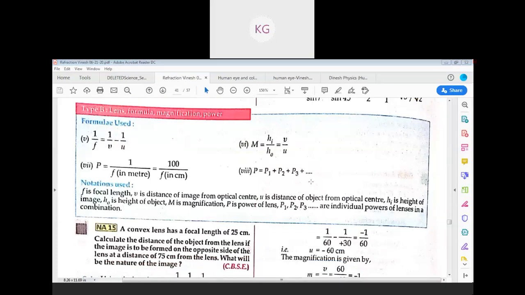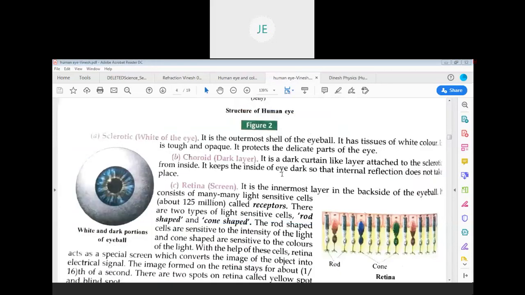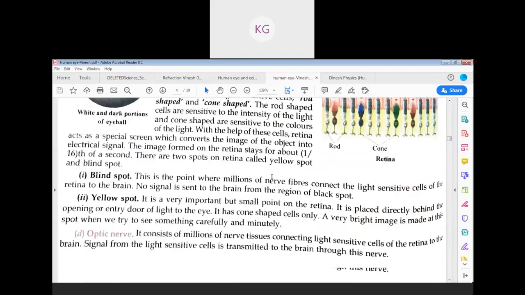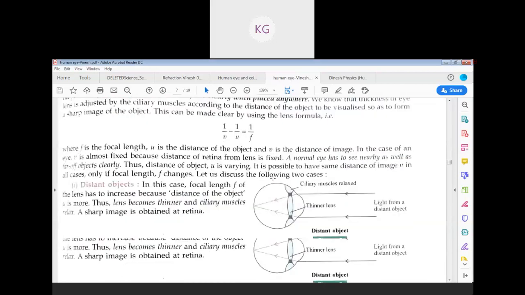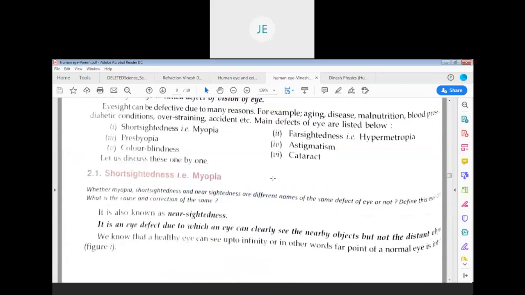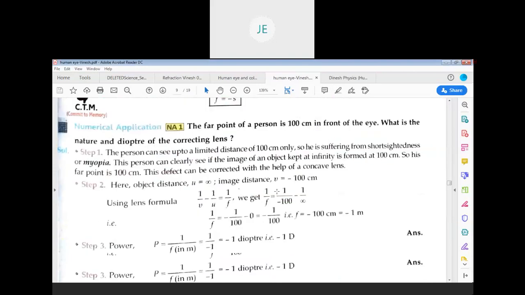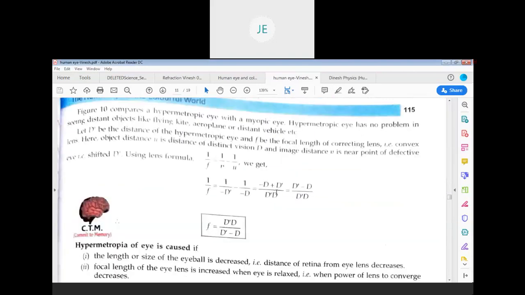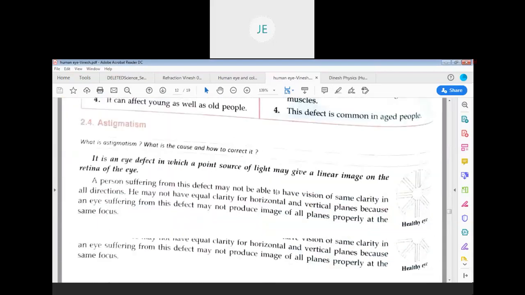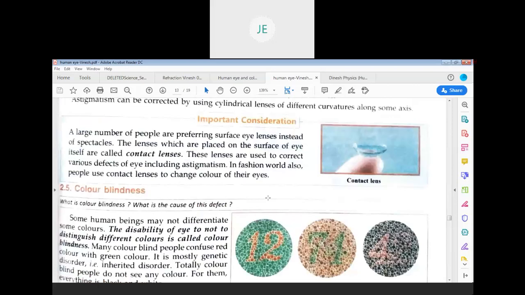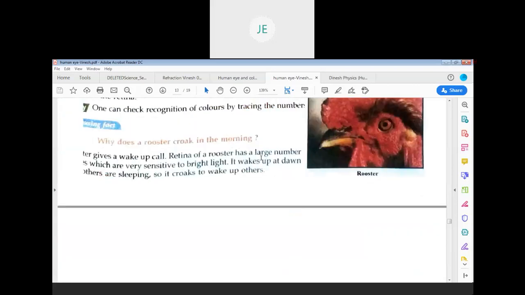Only defects, or parts of the human eye also? It is given: functioning of a lens in the human eye is deleted, that means accommodation, all those things. Defects of vision and their correction deleted. And applications of spherical mirrors and lenses deleted.